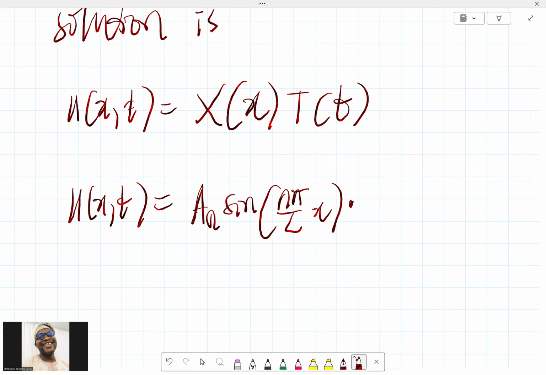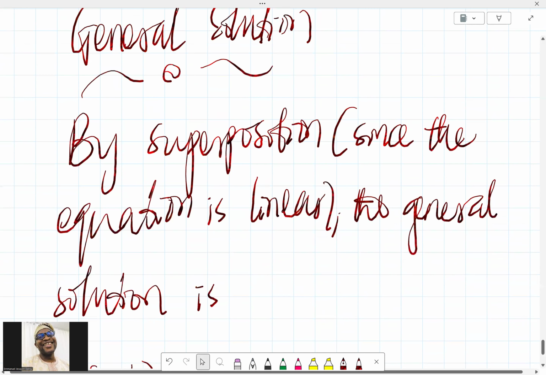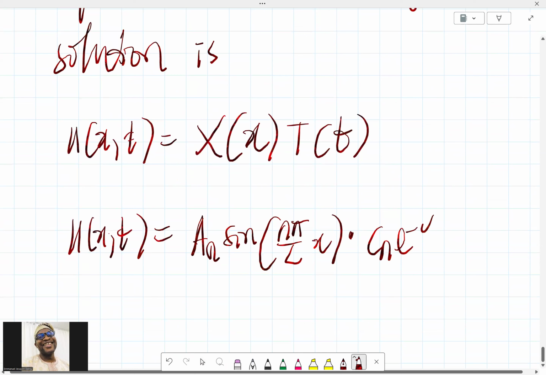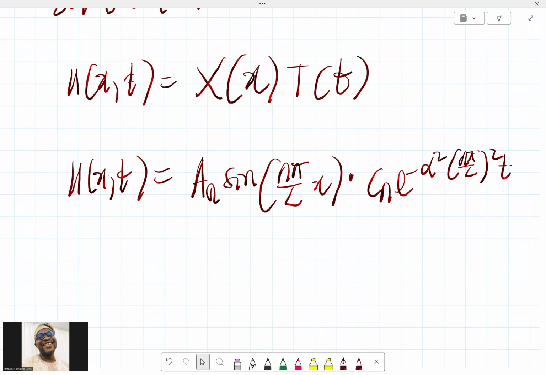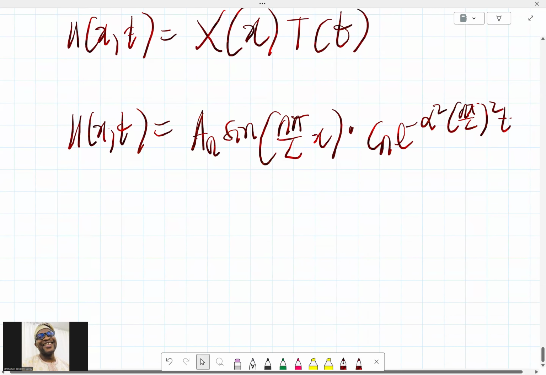Then multiplied by T(t), which is e raised to the power, that is Cn, we just got that now. Cn e raised to the power minus alpha squared into n pi over L all squared t. So that's what we have.